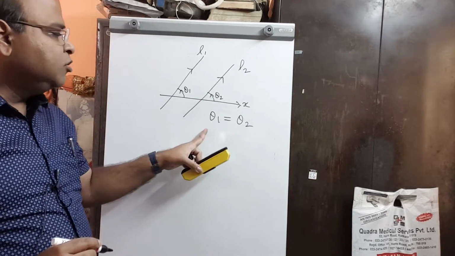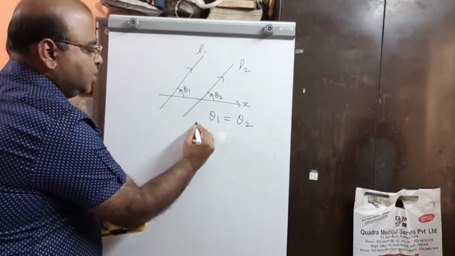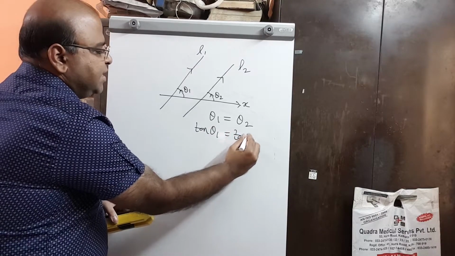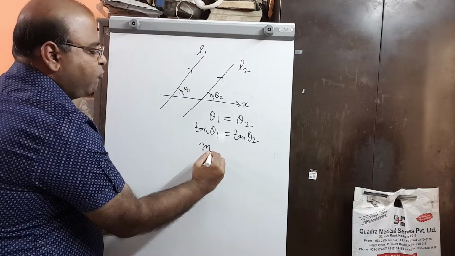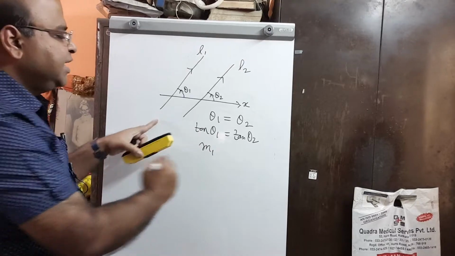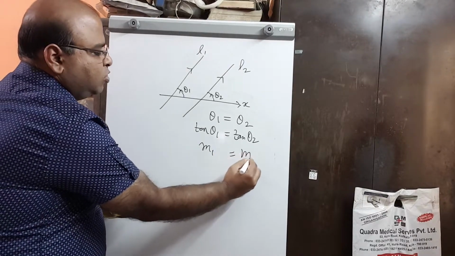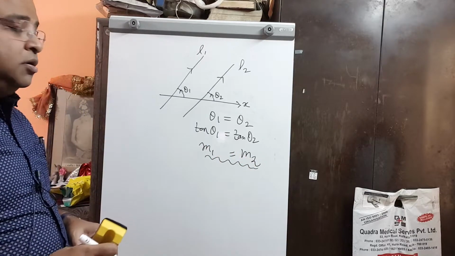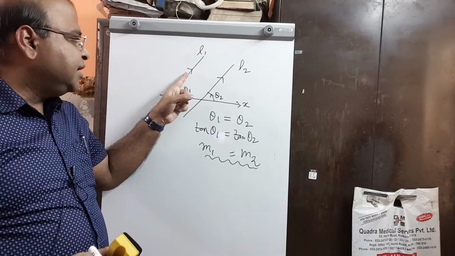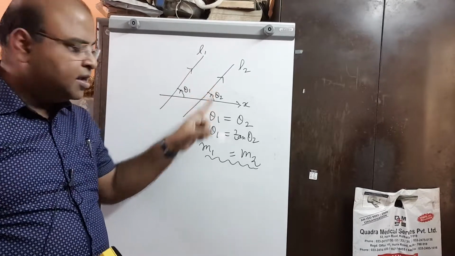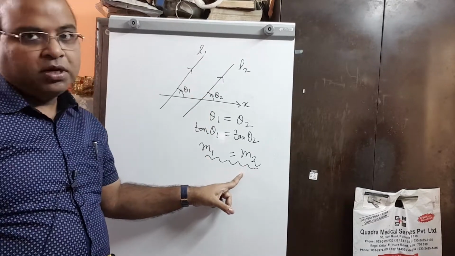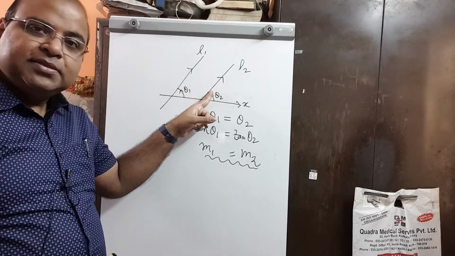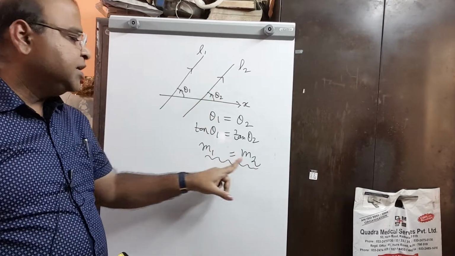So upon taking trigonometric tan ratio over both, this gives us tan theta 1 is equal to tan theta 2, which gives us m1, the slope of the first line, becomes equal to m2, the slope of the second line. So thus, whenever we have two straight lines which are parallel to each other, their slopes become equal. So whenever we have to prove that two lines are parallel, it is sufficient to prove that their slopes are equal.